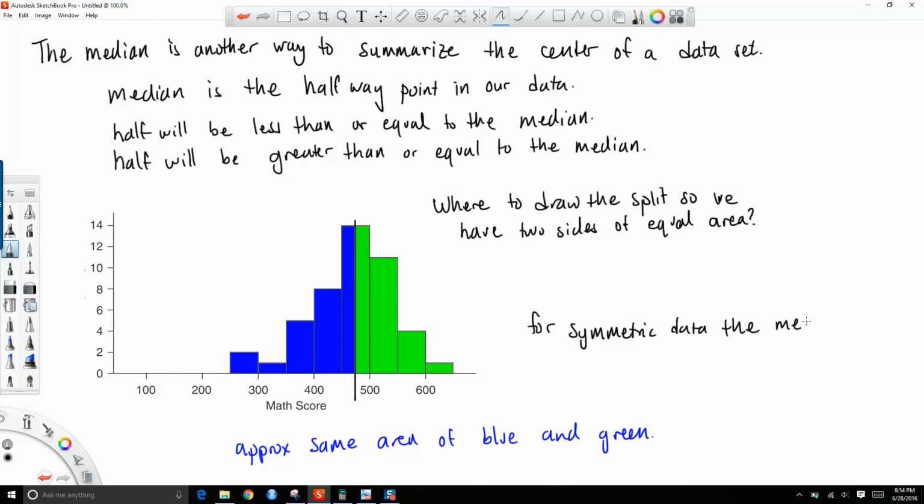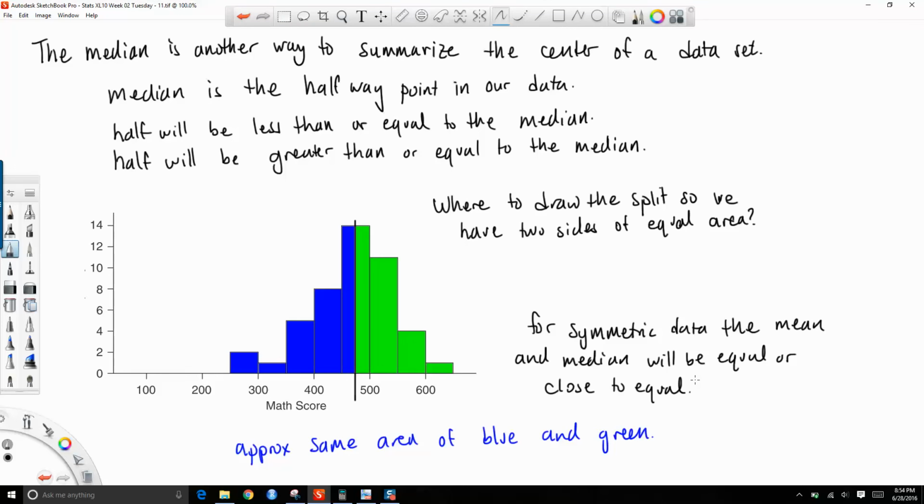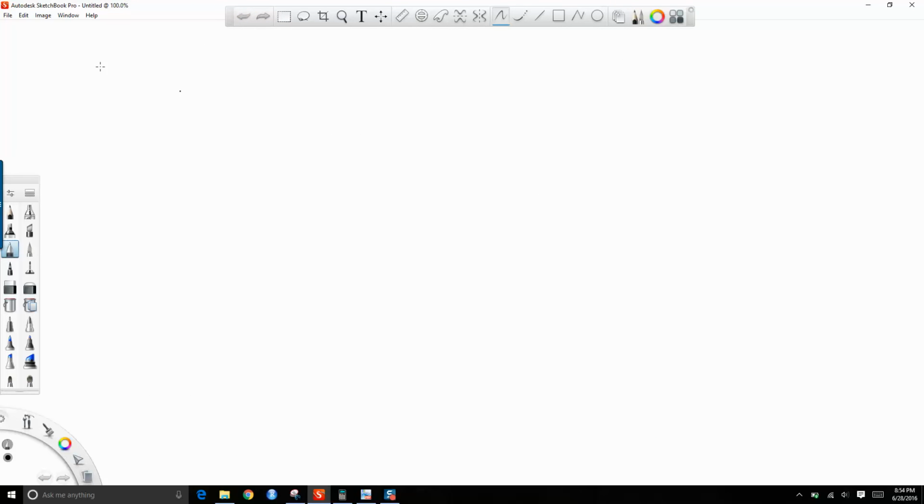The mean and median will be equal or close to equal. The median is not affected by extreme values.